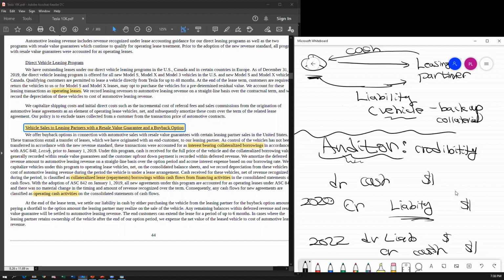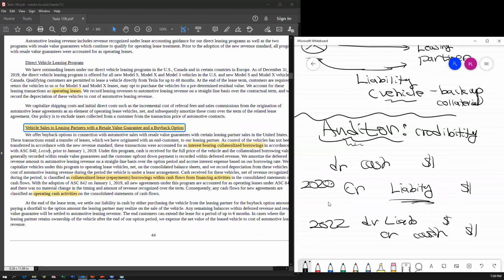Does the fact that it's a related party transaction cause any problems? Because they're affiliated entities. So is there an issue there? You use the word problem, and I say this is not a problem. This is how the company reported it. Is it because it's affiliated? Is it because it's a leasing partner?